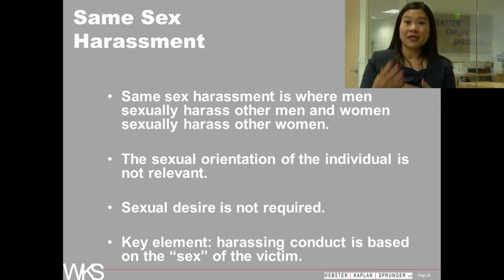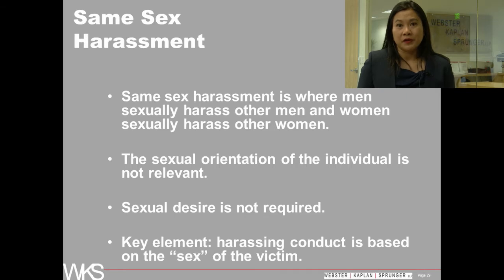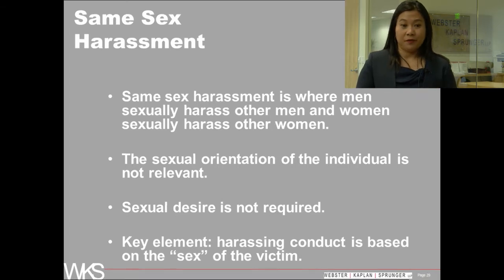There's no necessarily sexual desire between those two individuals. It's just that the individual viewing the pornography has created a hostile work environment for others, including the person sitting behind them. And the last part is the key element in terms of harassing conduct. You have to, again, have some kind of sexual component involved in the behavior.